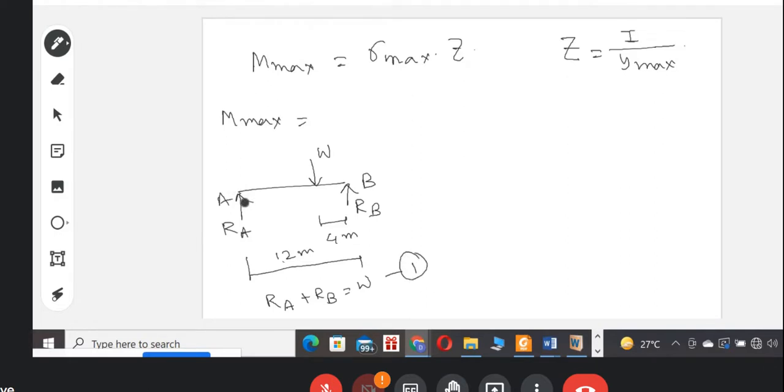For another equation, we take a moment about A. So RB into 12 equals W into 8, this portion. So 8W, so RB is 2W by 3. That means RA is W minus 2W by 3, which is W by 3.